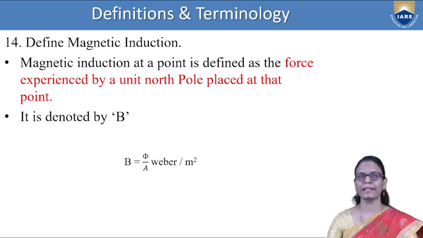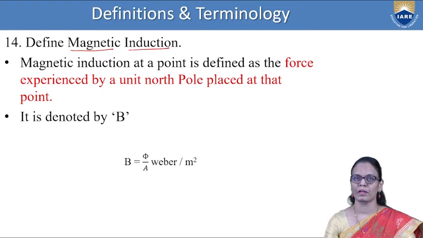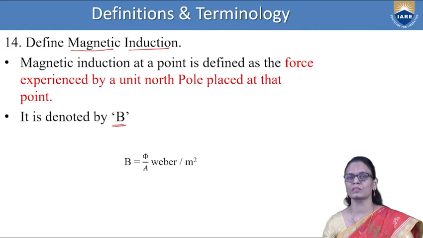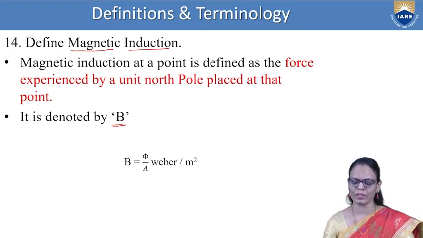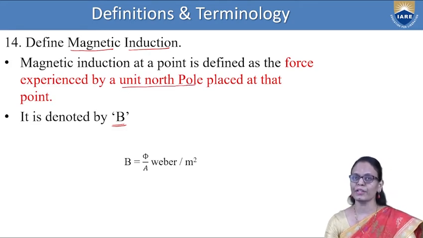Next, define magnetic induction. What is magnetic induction? Magnetic induction at a point is defined as the force experienced by a unit north pole placed at that point, and it is denoted by B. The same way we have talked about the flux, if you take a unit north pole and place it in a magnetic field, it will definitely experience a force.